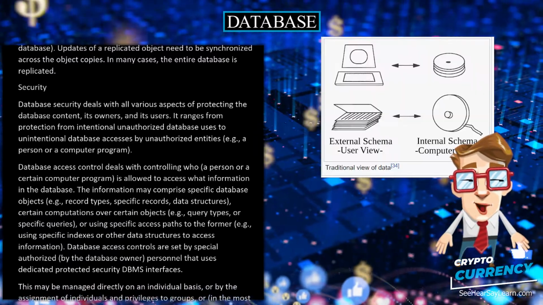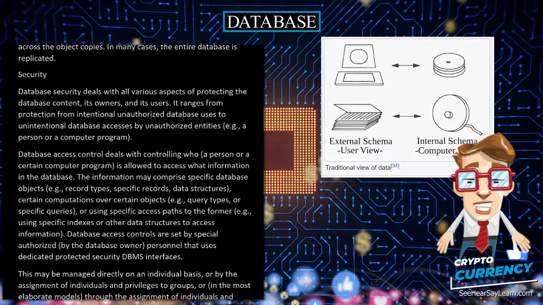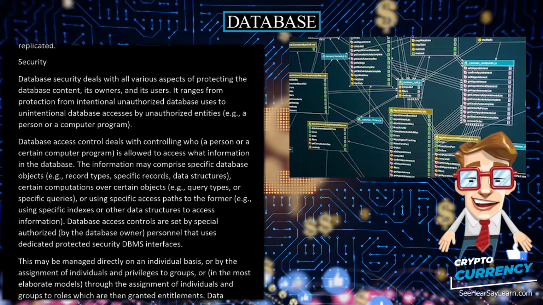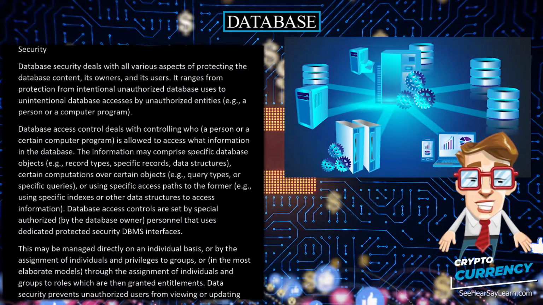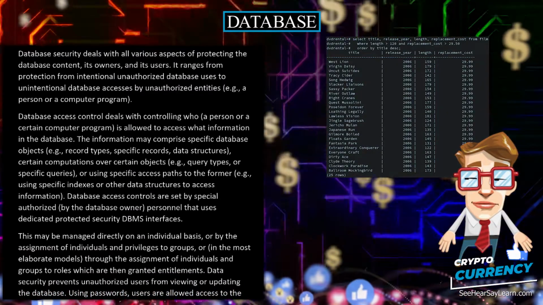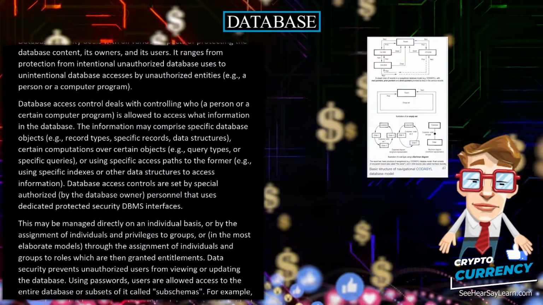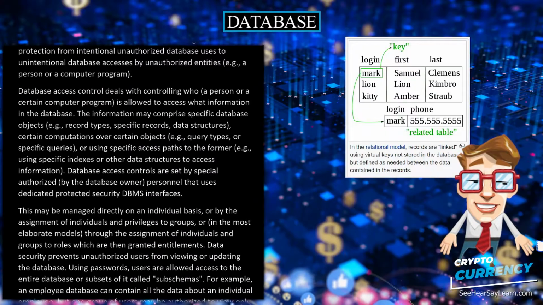Database access controls are set by special personnel authorized by the database owner, who use dedicated protected security DBMS interfaces. This may be managed directly on an individual basis, or by the assignment of individuals and privileges to groups, or, in the most elaborate models, through the assignment of individuals and groups to roles which are then granted entitlements.